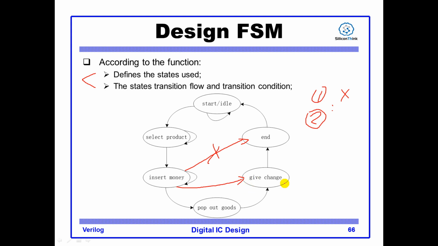Just return all the money that has been inserted and skip the pop out stage. Then return the money. So this may be a good solution for this situation. So the choice of states and the transitions of states depend on the function.